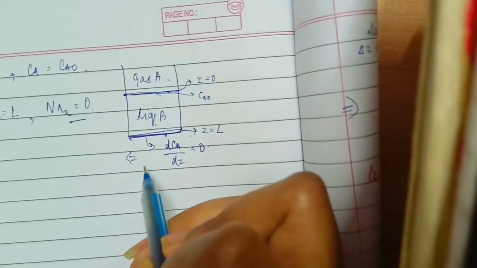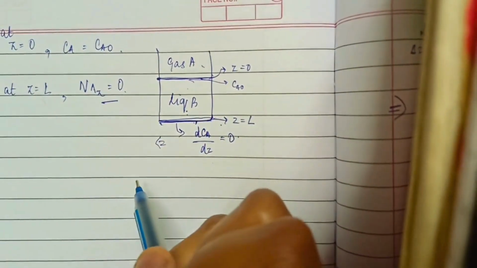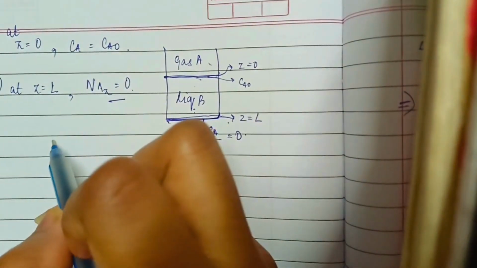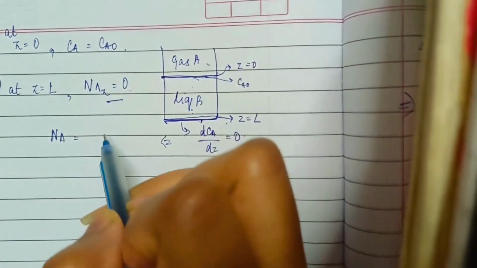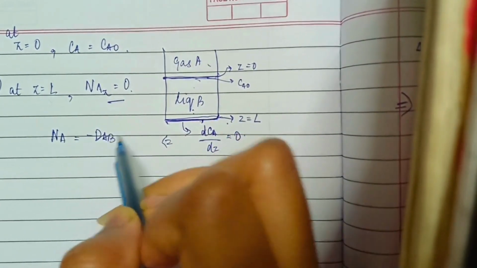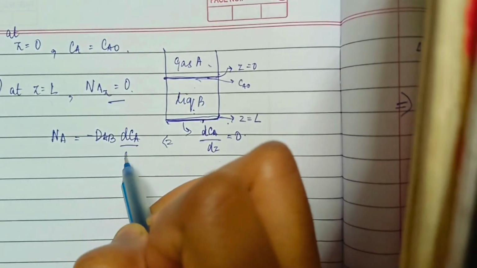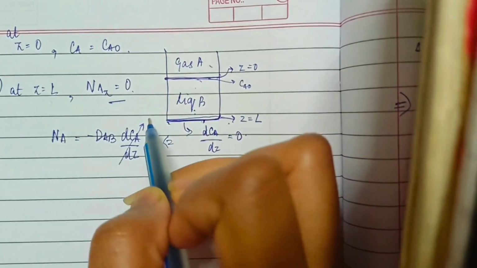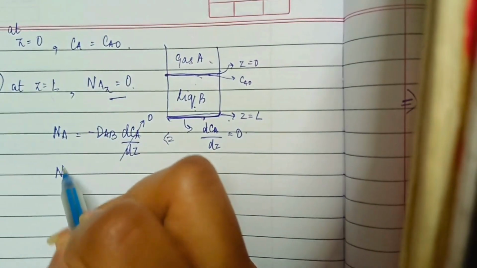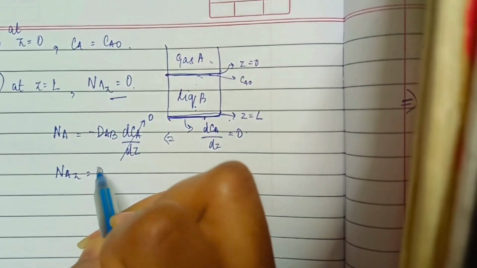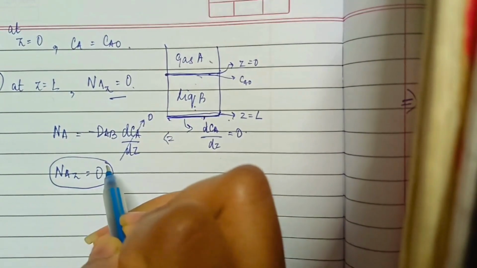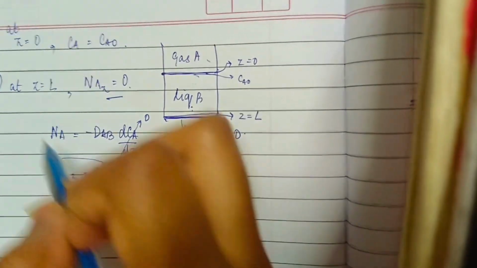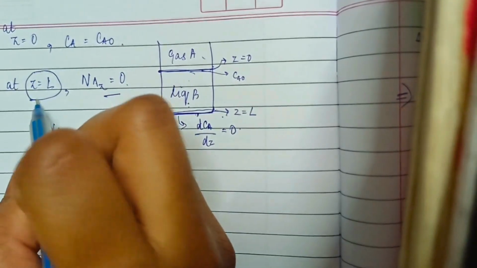When we put this in the molar flux equation, where NAZ is equal to minus DAB dCA by dZ, since this term is 0, the whole NAZ term turns out to be 0.